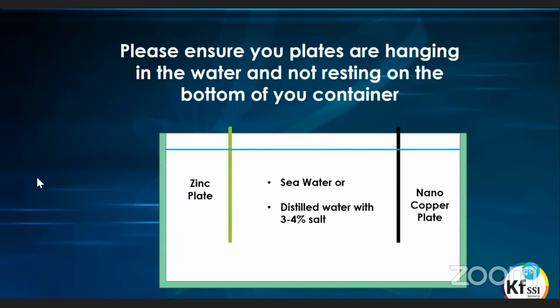Once you've positioned those plates in your box with your water, please ensure that your plates are hanging in the water and not resting on the bottom of the container.